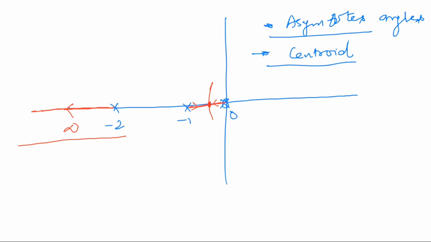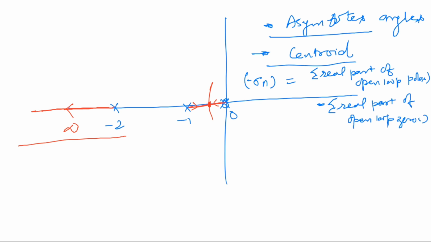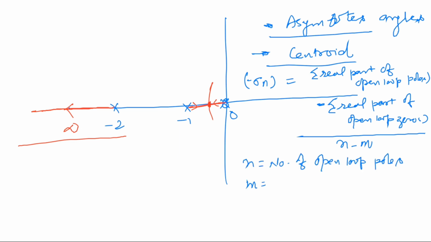The centroid, denoted by sigma A, equals the summation of real parts of open loop poles minus the summation of real parts of open loop zeros, divided by n minus m, where n is the number of open loop poles and m is the number of open loop zeros. So this is the formula to find the centroid.